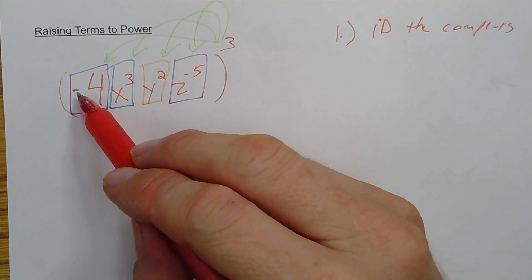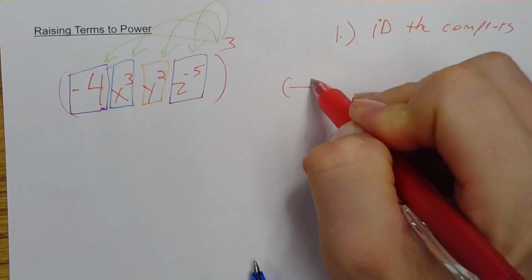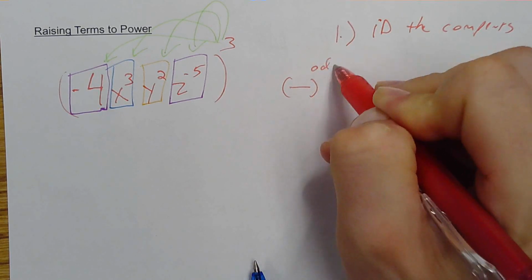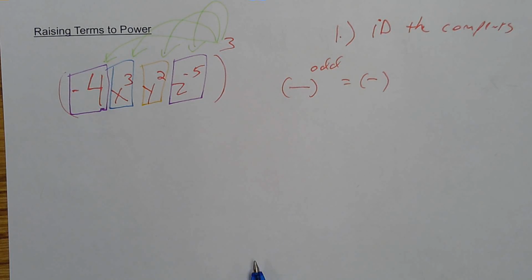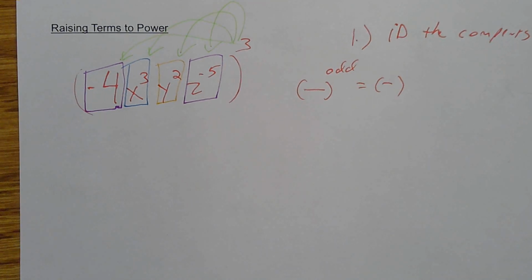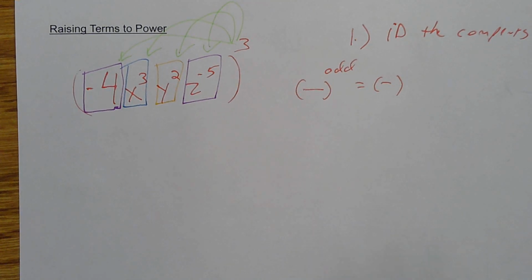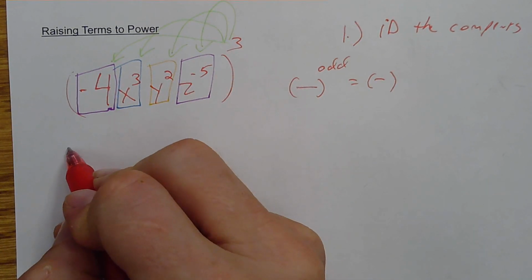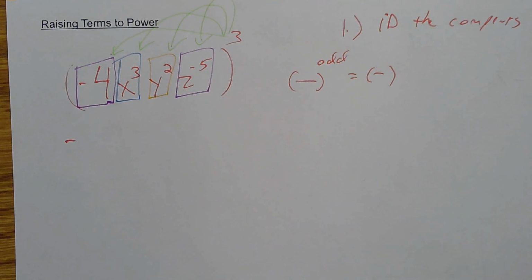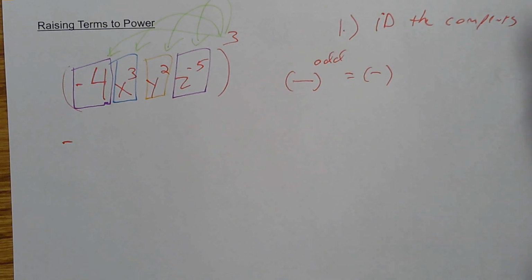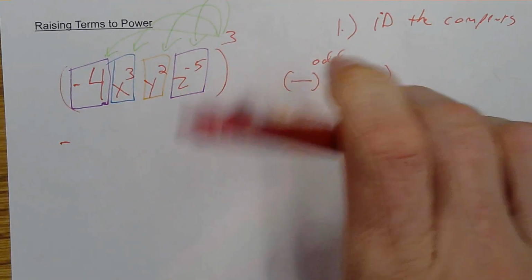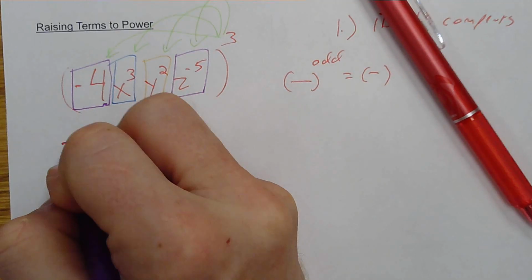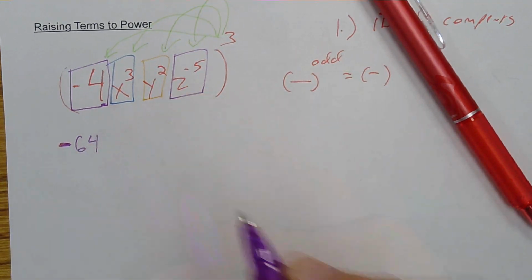If I take negative 4 and cube it, remember, a negative raised to an odd power will be a negative. That's the only time you're going to get a negative from raising to an exponent. Negative 4 times negative 4 times negative 4 is negative, and 4 to the third is 64, so negative 64.